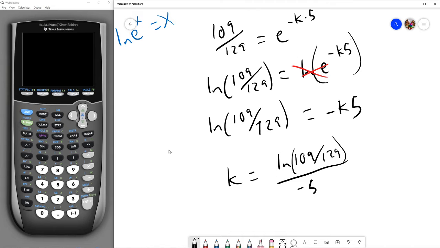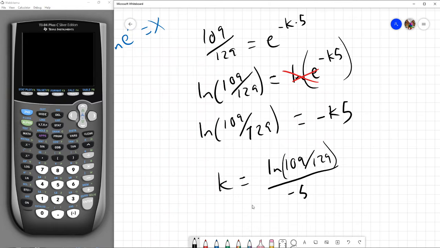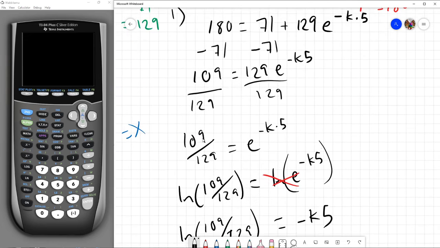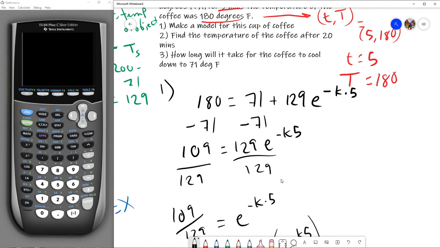Alright, now you're probably wondering, well, k here is negative, and if k is negative, then for our equation, that means we'll have e to a positive, which means it would seem like our temperature would be growing. So how could temperature be increasing when this equation is supposed to be causing temperature decreases?